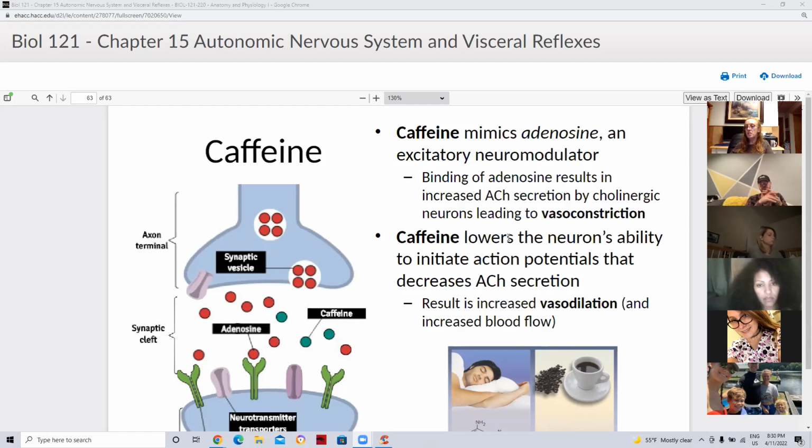And when it binds to the receptor for adenosine, it blocks that neuron's ability to initiate action potentials and secrete acetylcholine. And the response is that there's less acetylcholine, so there's less vasoconstriction of those blood vessels. Resulting in increased blood flow. If there's less vasoconstriction, there's more blood flow.